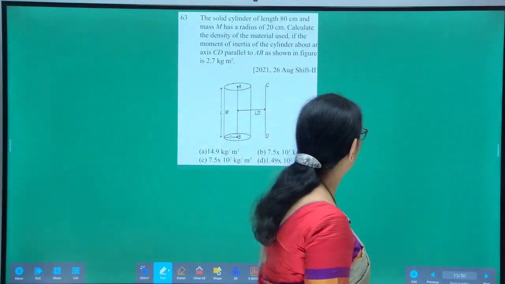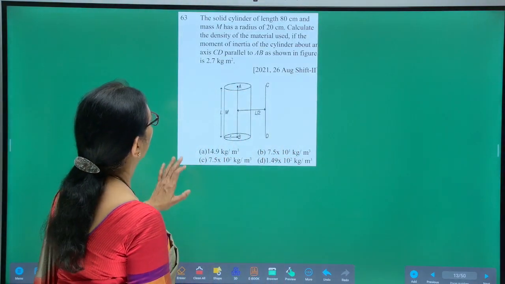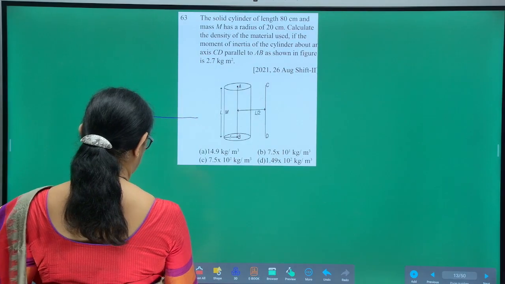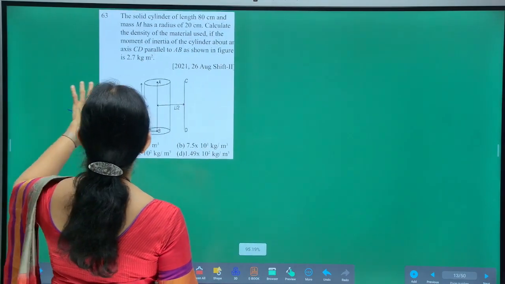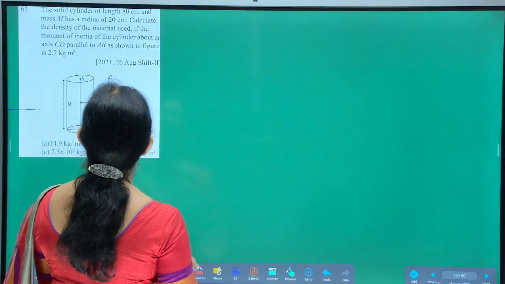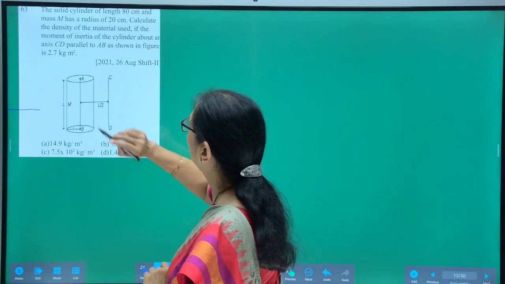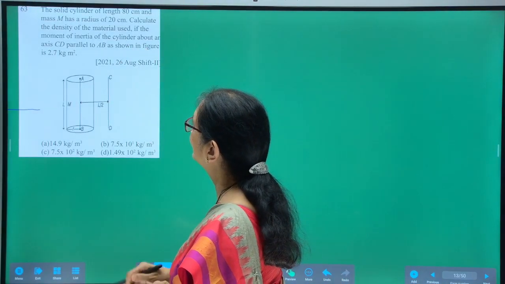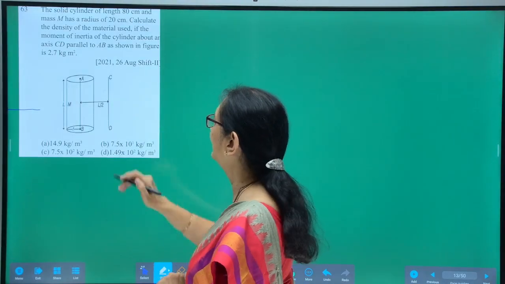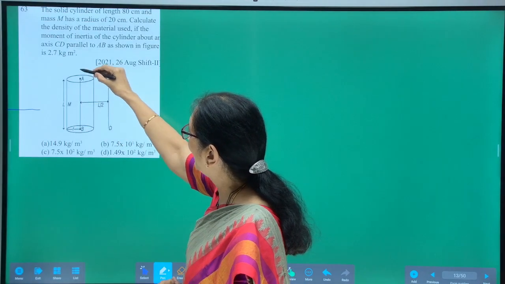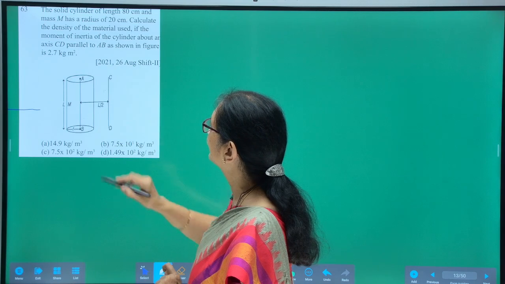Okay? Now, look into this problem. A solid cylinder of length 80 centimeters, mass capital M, radius 20. Calculate the density of the material if its moment of inertia about this axis, which is parallel to the natural axis, is given.